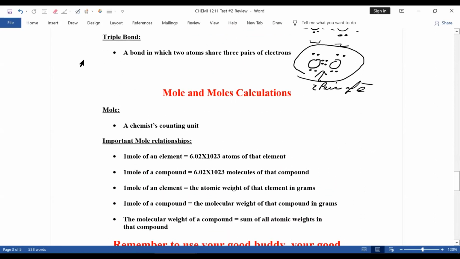Next, we talked about one of my favorite areas, moles and mole calculations. First thing you should know, what is a mole? Now I have one definition, a chemist counting unit. I could have also said Avogadro's number of atoms, and this should be superscript.